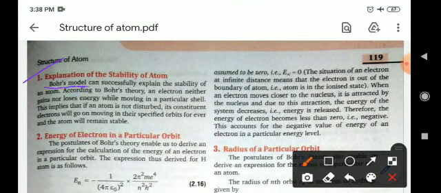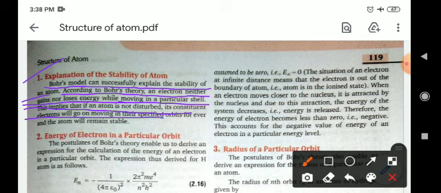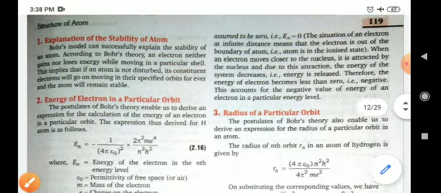Bohr's model can successfully explain the stability of an atom. According to Bohr's theory, an electron neither gains nor loses energy while moving in a particular shell, and this implies that if an atom is not disturbed, its constituent electrons will go on moving in their specific orbits forever, and the atom will remain stable. So that was the explanation of stability.